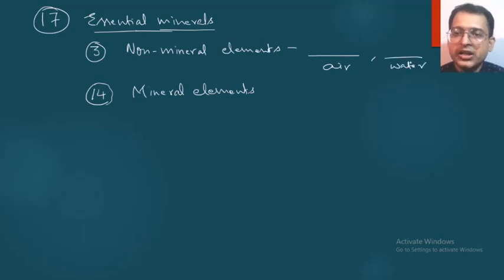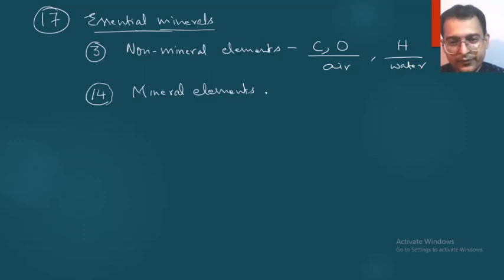Which elements are they? They are carbon and oxygen, derived from the air in the form of carbon dioxide and oxygen gas, whereas hydrogen is derived from water. So these 3 elements are known as non-mineral elements.